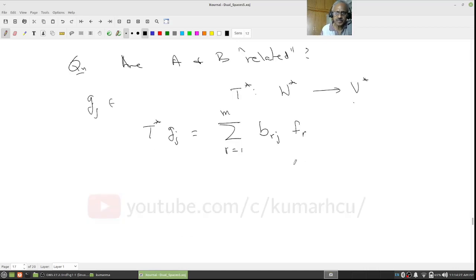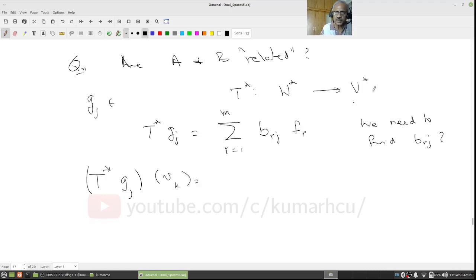T star of j must be in V star and these are the bases, therefore this must be the thing. Now let us understand what is T star of Gj. So we need to find Brj. The obvious thing is very clear by now, just act on the basis. So let us act it on Vk.